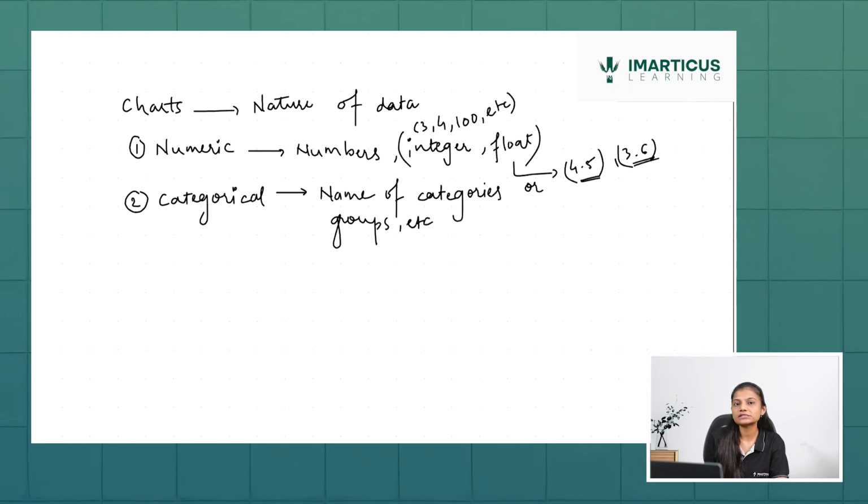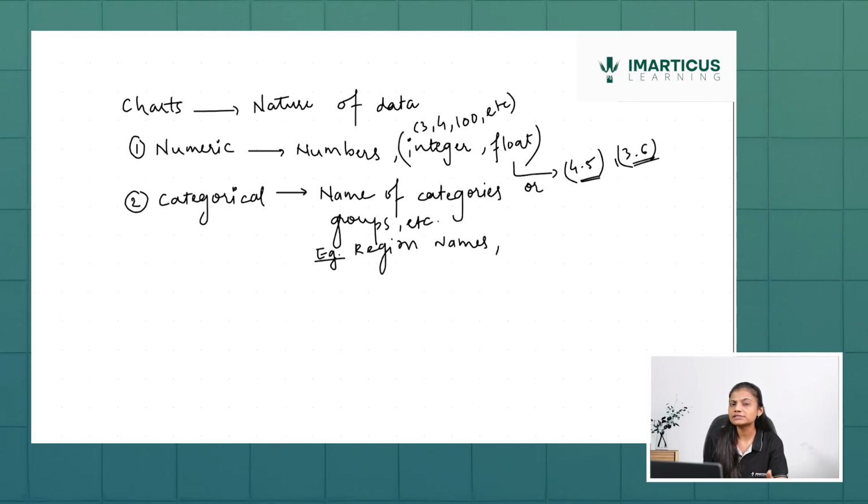Now what does it consist of? It could be, for example, the region names. We just now saw in the example, what was the name of the region? It was east, west, north, south. It was no number taken into consideration. It was a category. It was a group of data which was taken into analysis. So we have region names that could be taken as categorical data for us.